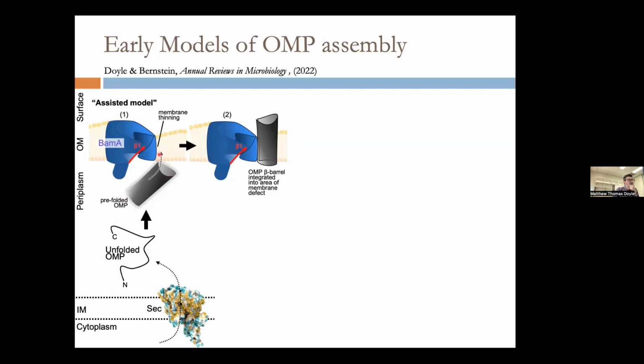Then once it nears interaction with BAM, perhaps it has some type of proto-barrel structure, not properly folded. And BAM's role is simply to scramble and thin the membrane somehow, so this could just pop into the membrane because of lowered activation energy. So this is the assisted model.